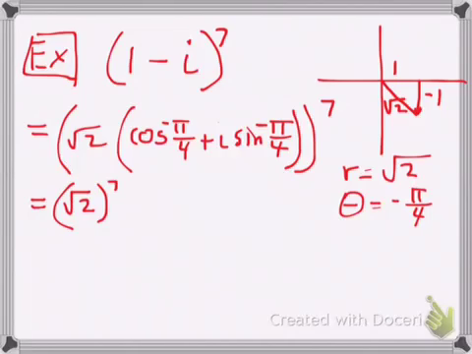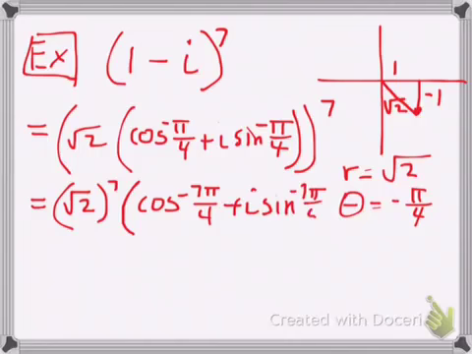All right. Cosine of negative pi over 4 is going to become cosine of negative 7 pi over 4 plus I sine of negative 7 pi over 4.